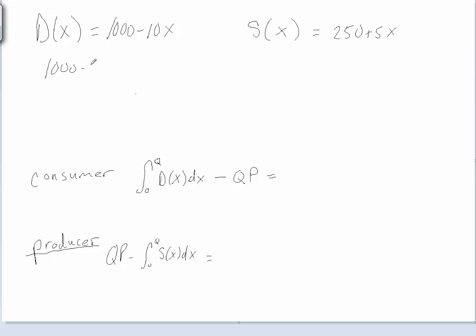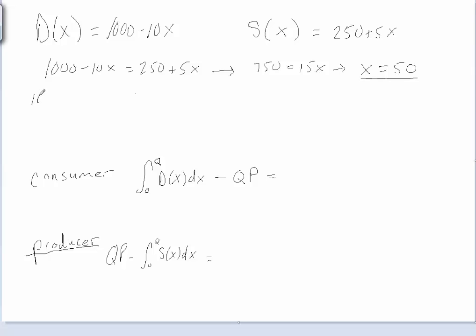So what we'll do is set the two equations equal to one another, so basically when supply and demand are the same. Do a little algebra here. We got 750 equals 15x. And so x equals 50. So that's our equilibrium quantity.